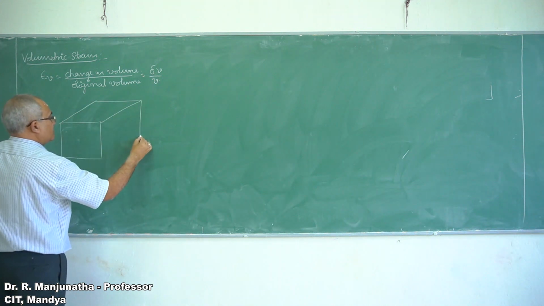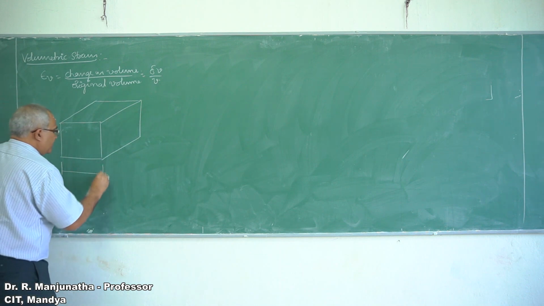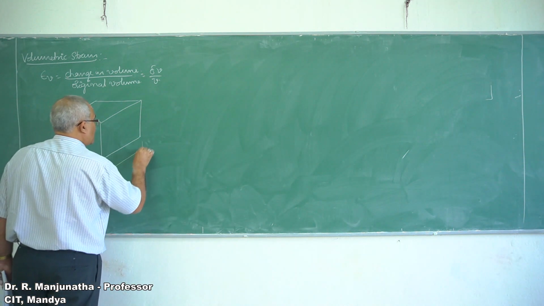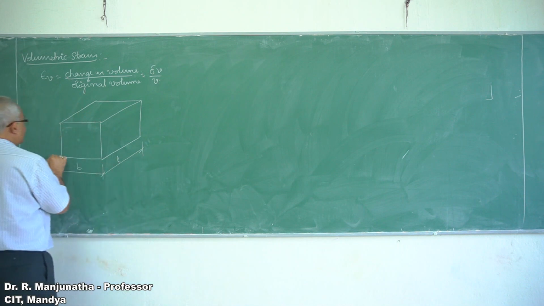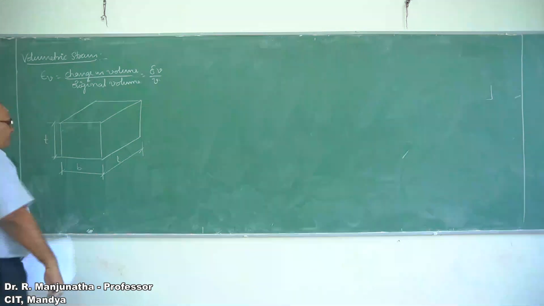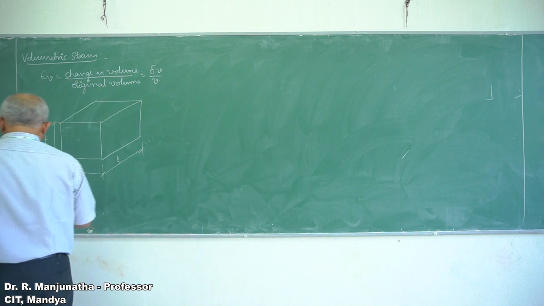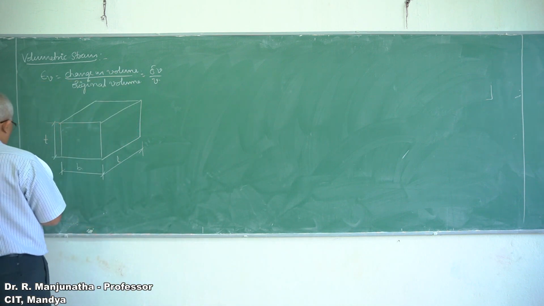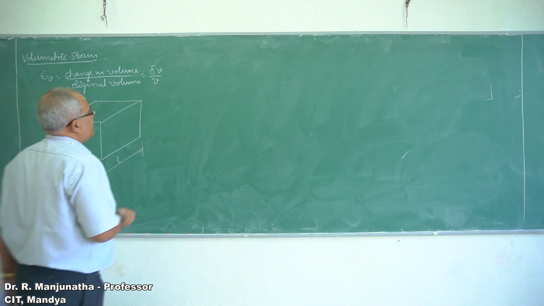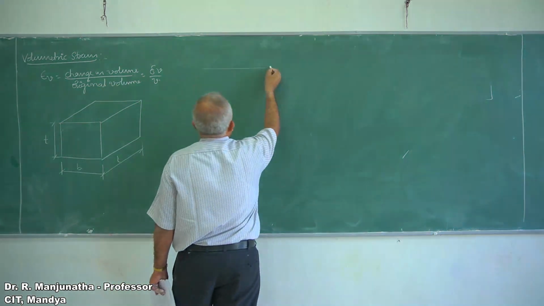We have the width W or B, the length L, and the thickness T. This is the original length of the member, which is subjected to a tensile load, as shown in the figure.